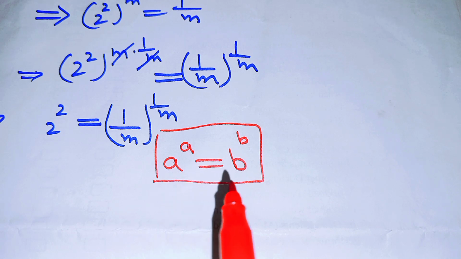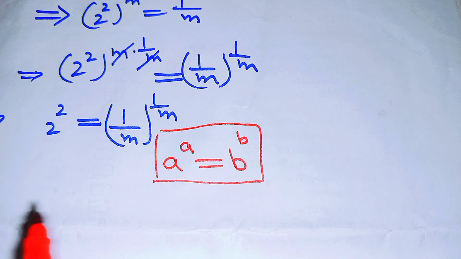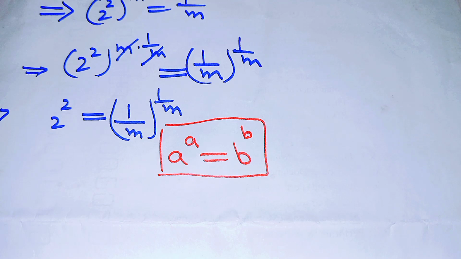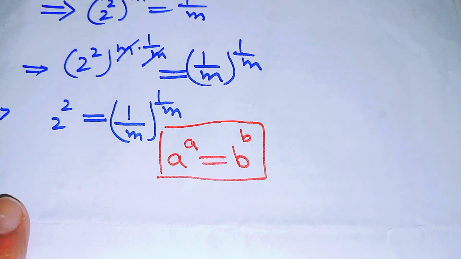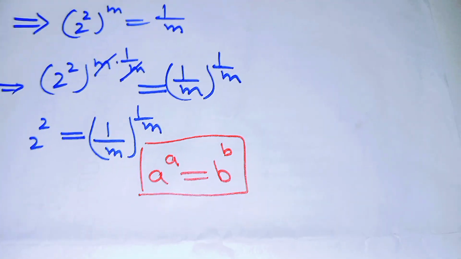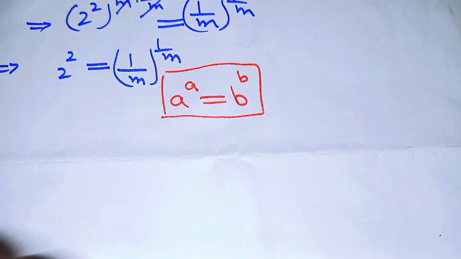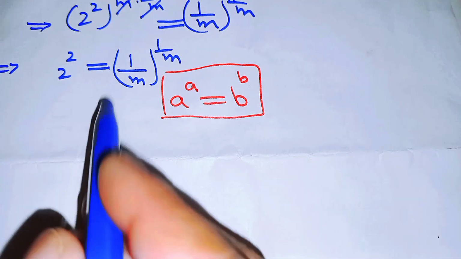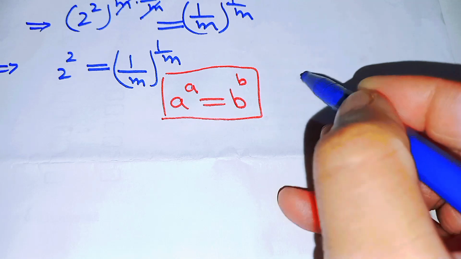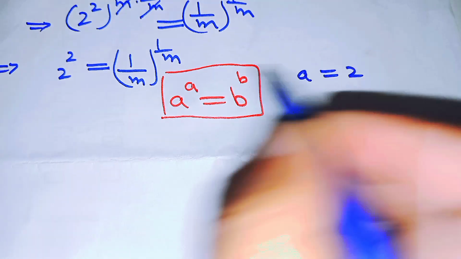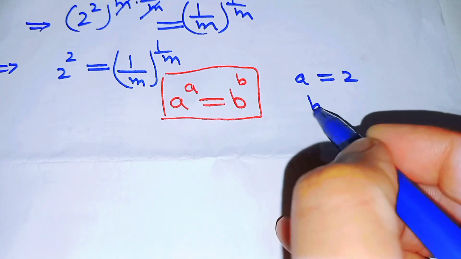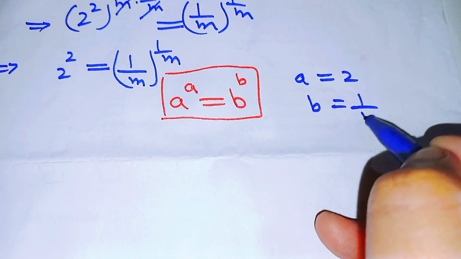So here we can write a is equal to 2 and b is equal to 1 over m.